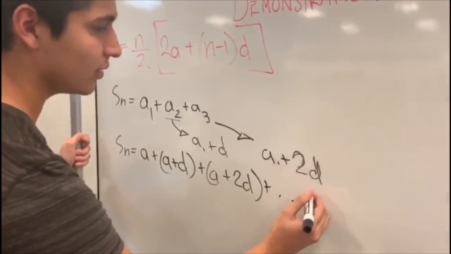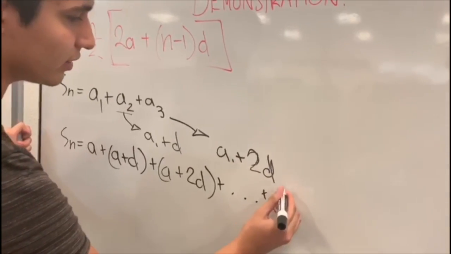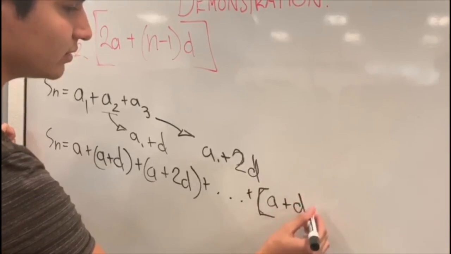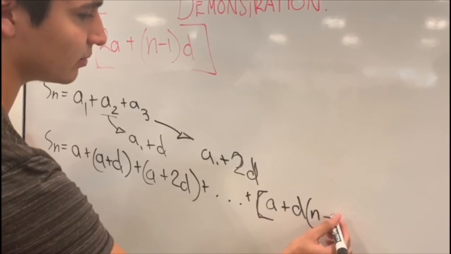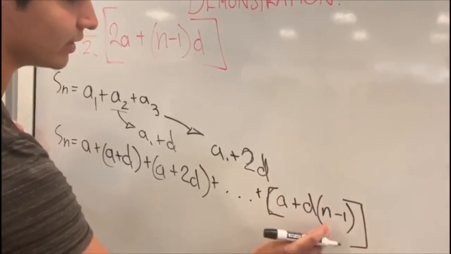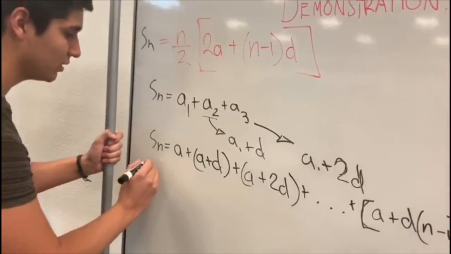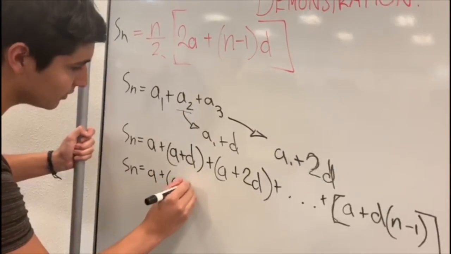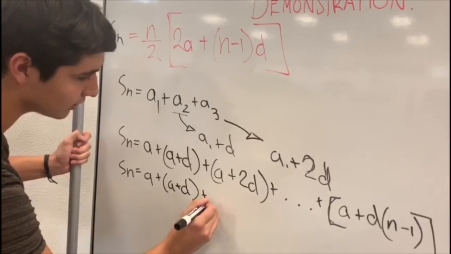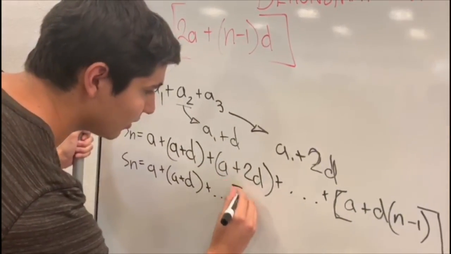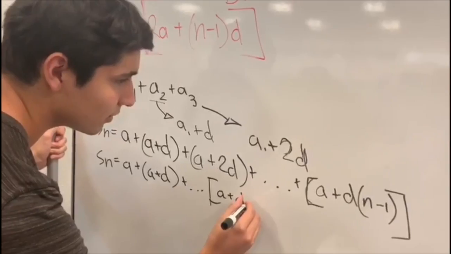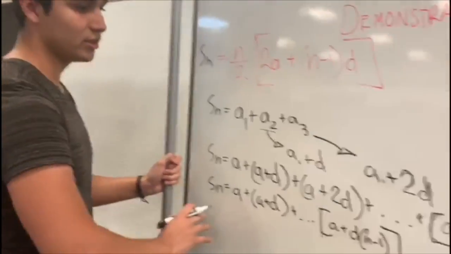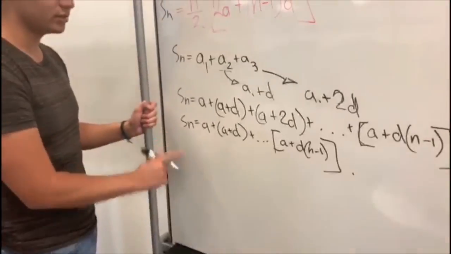plus, it will be the formula we used previously, A plus d times n minus 1, and we know that n is the term we want to know. So now we're going to write another series and then we can just flip it so we can sum these two series.